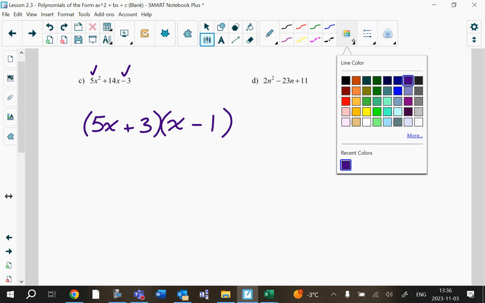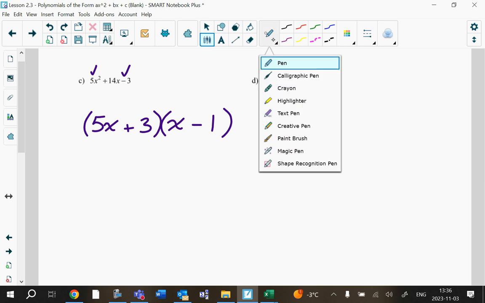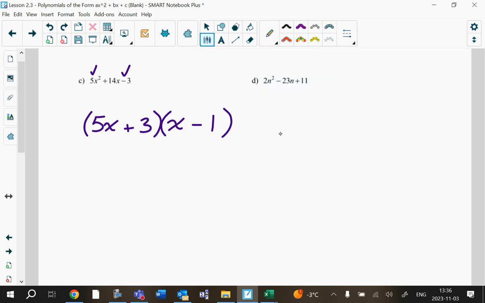Does the middle term work? I get -5x, and I get +3x. That's not going to give me 14x, is it? It gives me a completely different number. So what should I do with these?